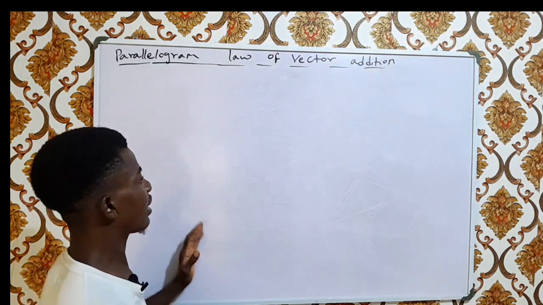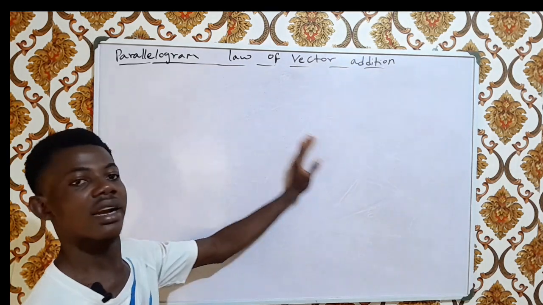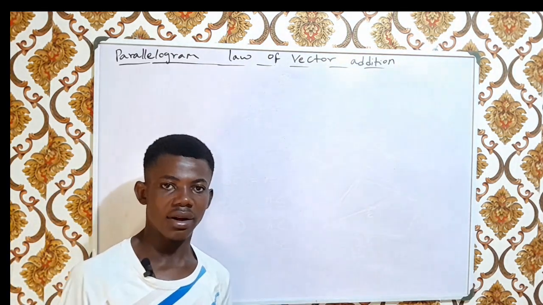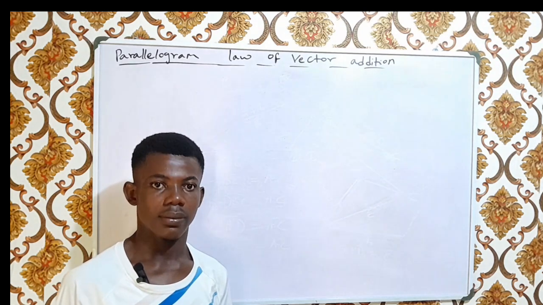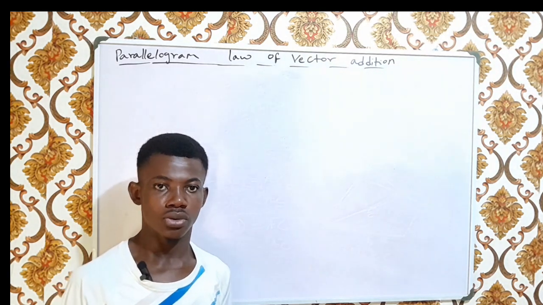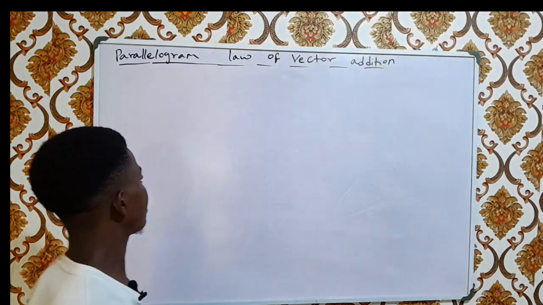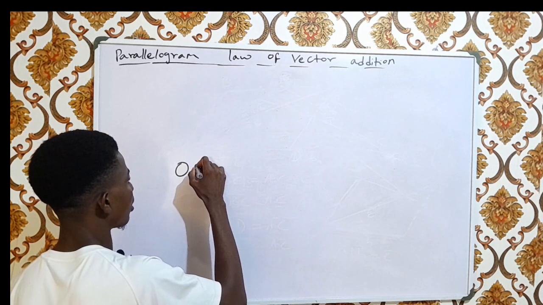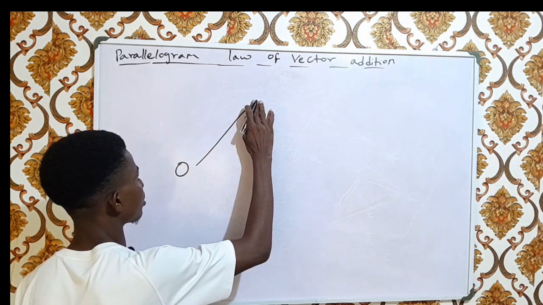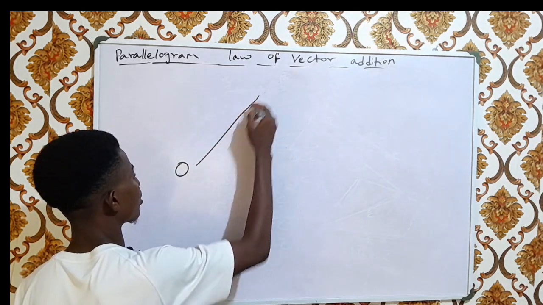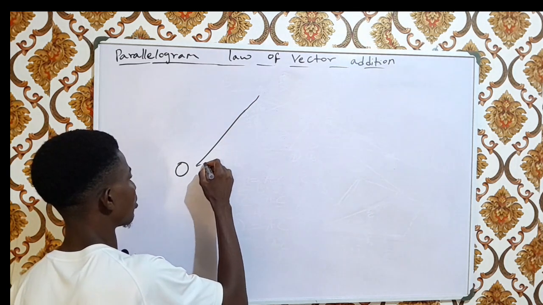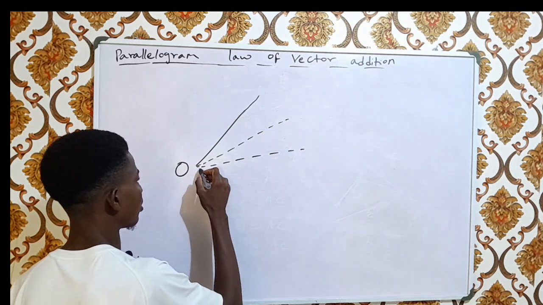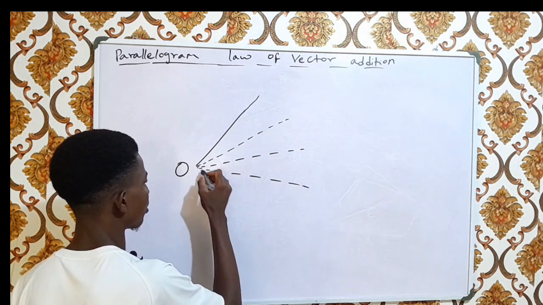Suppose there are two or more vectors to be added. The triangular law of vector addition can also be used to achieve that. Let's see. Let's say we have an origin O and we have a vector, and another vector, and another vector.